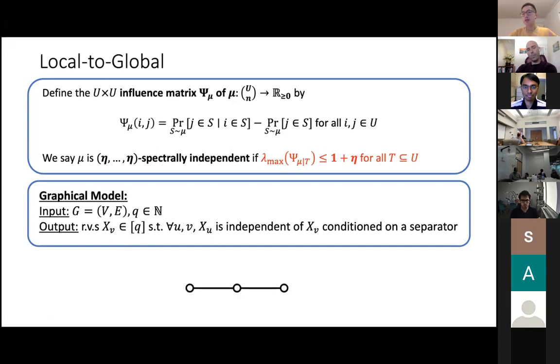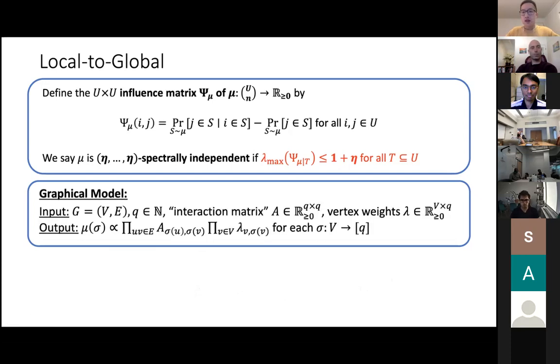For instance, this is the case with independent sets. If I have this 3-vertex graph here, and I condition on the assignment for the vertex in the middle, let's say it's out, then it's the same thing as deleting this vertex from the graph. In the resulting graph, these two vertices are disconnected and they don't influence each other at all, so their assignments are independent of each other.